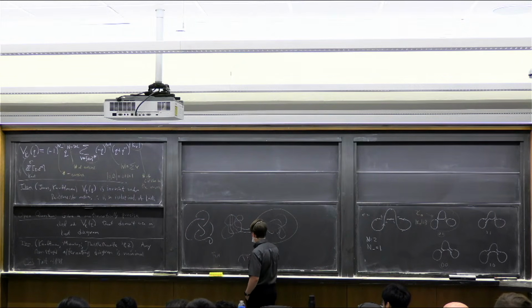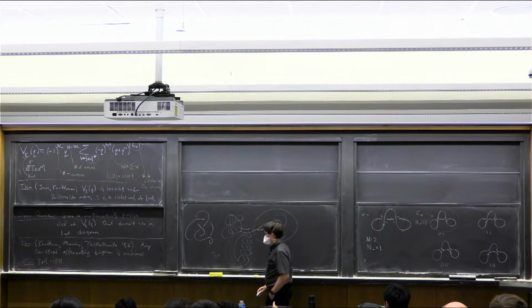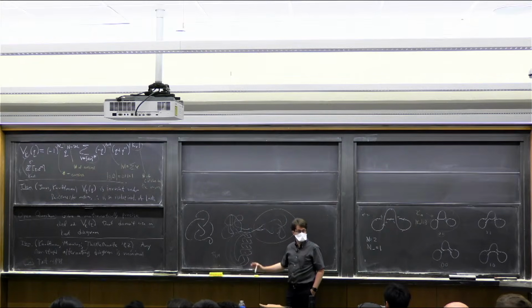1, 2, 3, 4. Whoops. Doing great. And here's a knot, T3-4, maybe, and it has no alternating diagram.